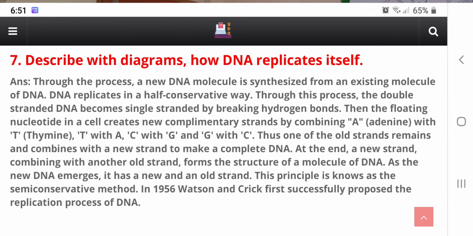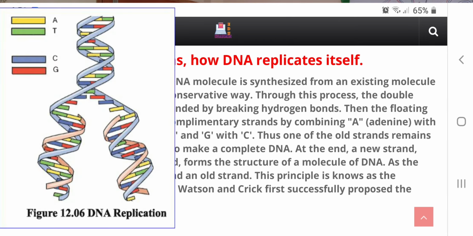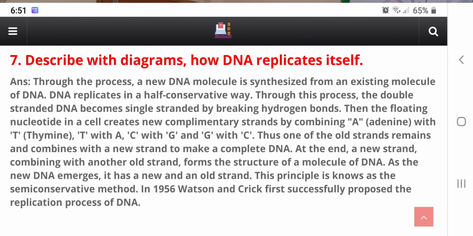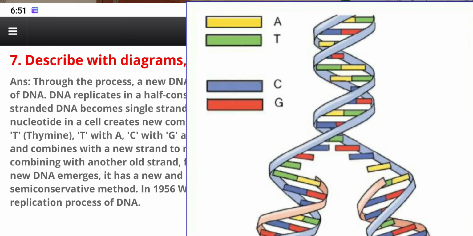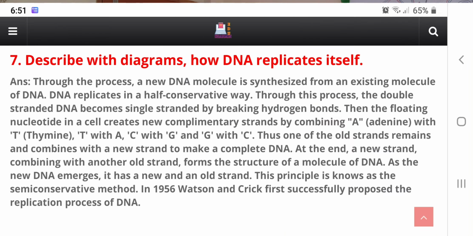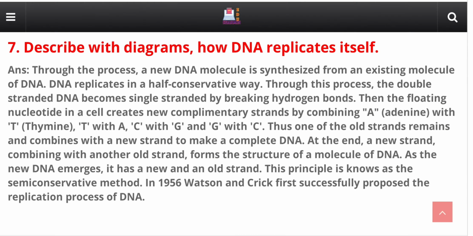At the end, the new DNA has one new and one old strand. This principle is known as the semi-conservative method. In 1956, Watson and Crick, the scientists, first successfully proposed the replication of DNA. Alright, let's go to the next question.